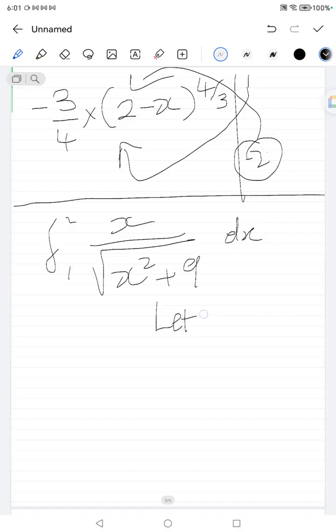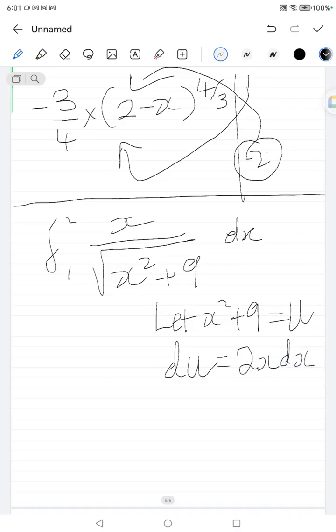So now you can say let x squared plus 9 is equals to u. You're going to write your du, which is your derivative, is equals to your 2x, which is the derivative of this, dx. So you do the same thing, you write your dx in terms of du.